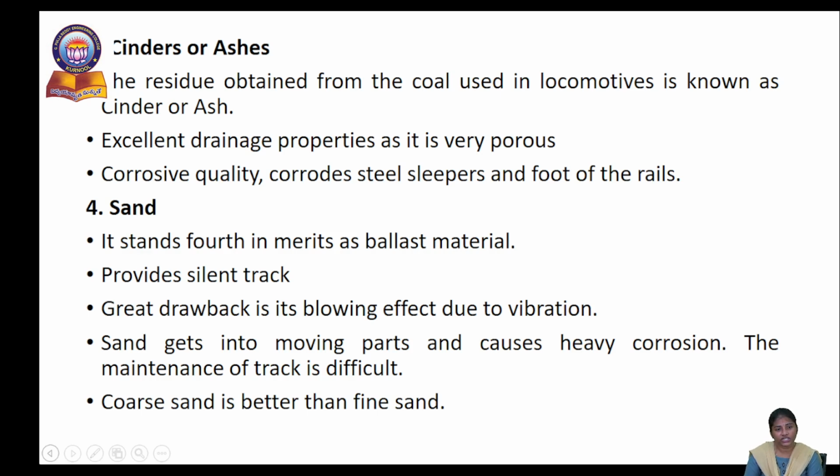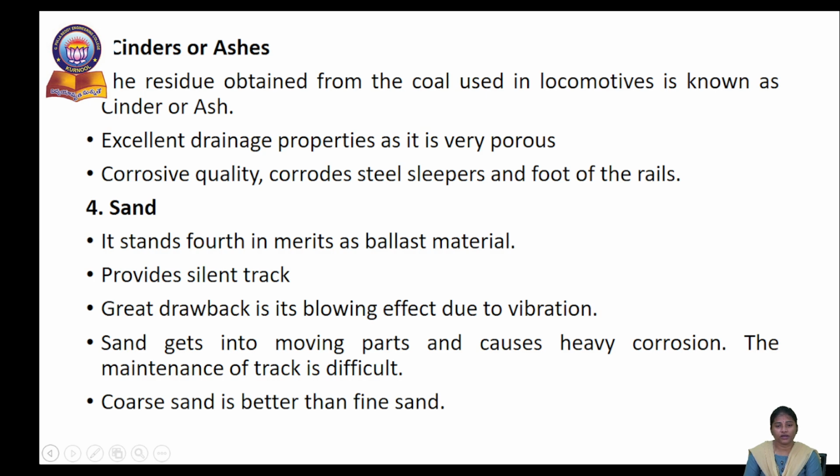The next material which you can use as ballast is sand. It stands fourth in merits as ballast material. It provides a silent track, so there will be no noise when the train is moving at high speed. The great drawback is the blowing effect due to vibration of the track.